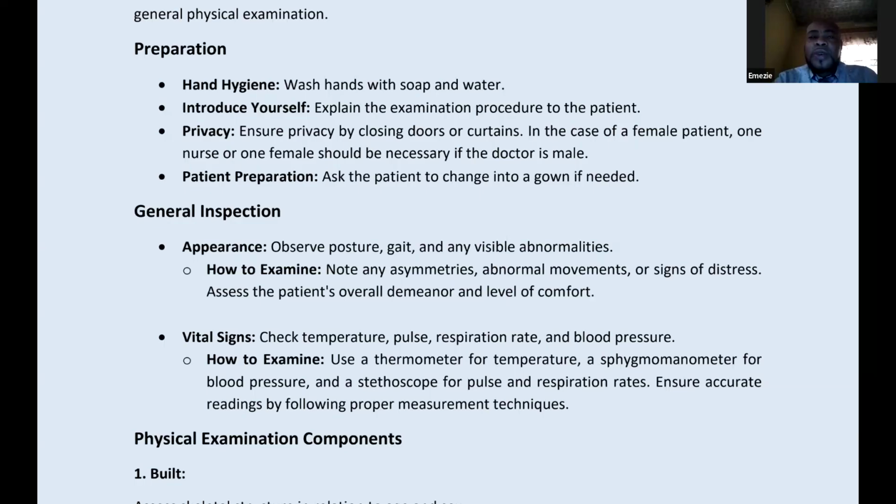Now we have said all of those initial things we need to do, how to position a patient and how to expose a patient. Now, the examination in medicine and pediatrics follows a mnemonic, which we call IPPA.